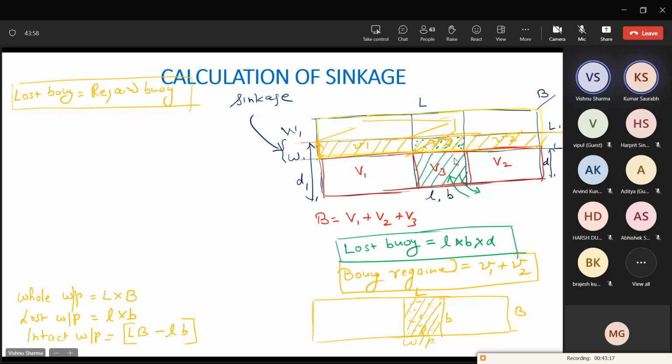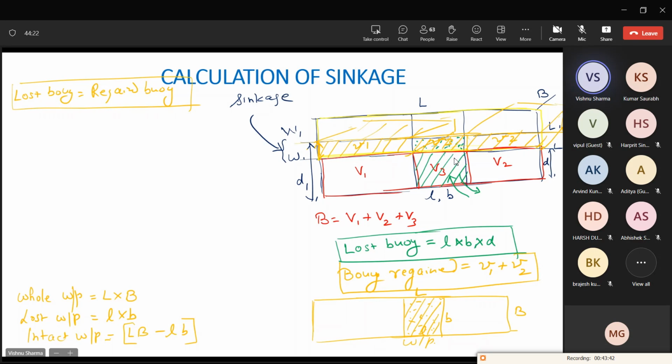This volume will be like this, correct? Yes, sir. And this volume will be like this. Do you agree with me? Yes, sir. These volumes represent the regained buoyancy.